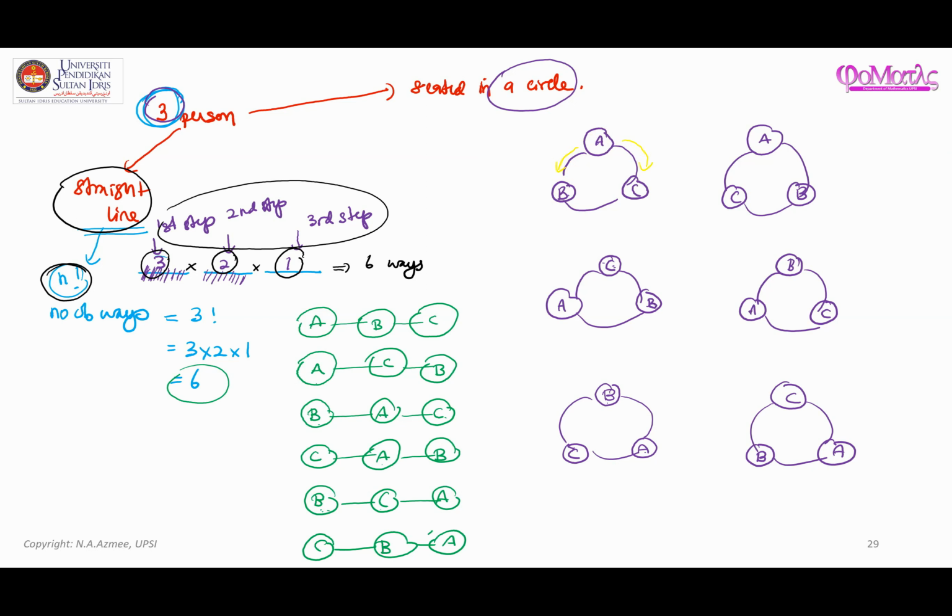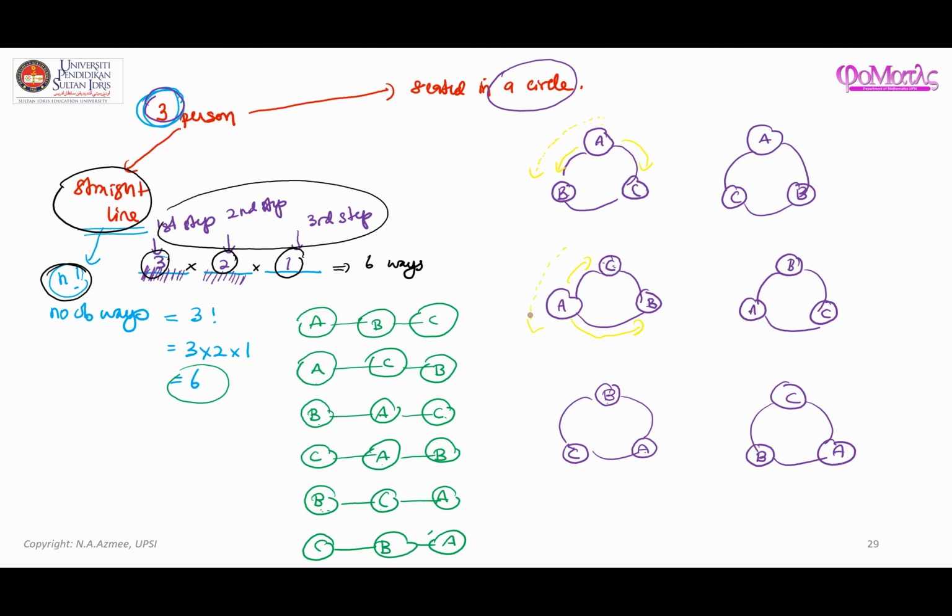So this position here is actually the same as this position. On this side of A is B, and on this other side is C. It's just that we're moving the whole bunch of them in this direction.